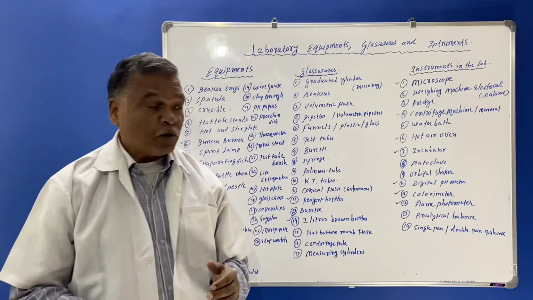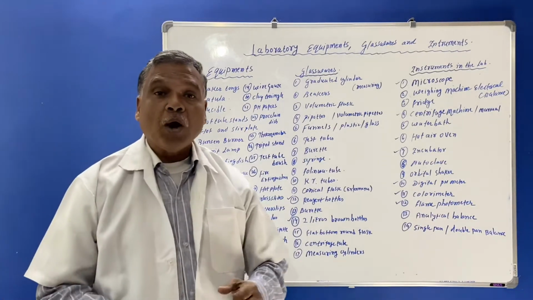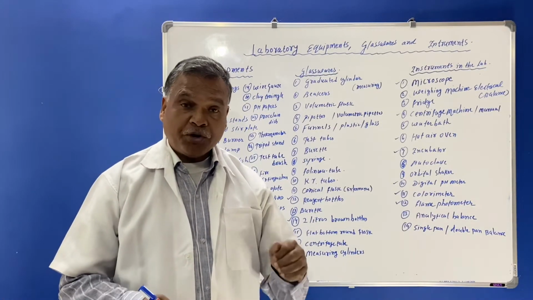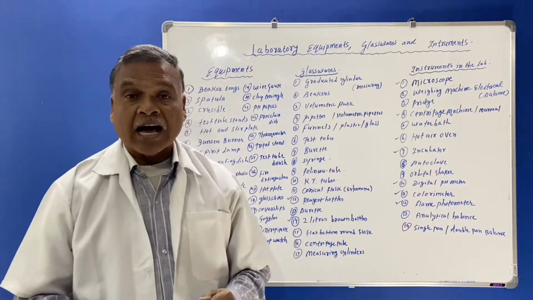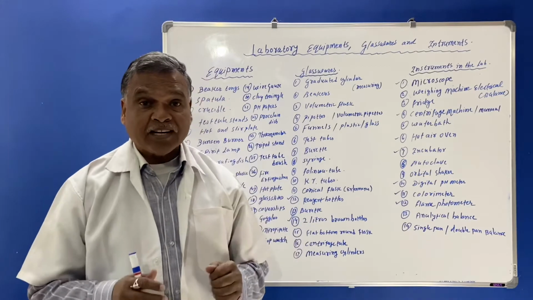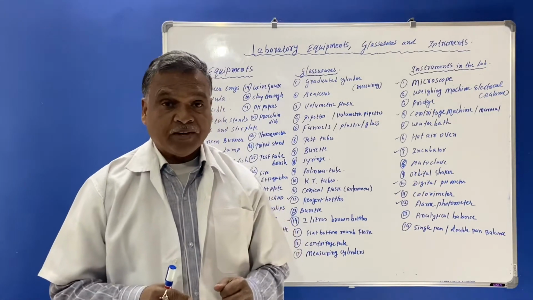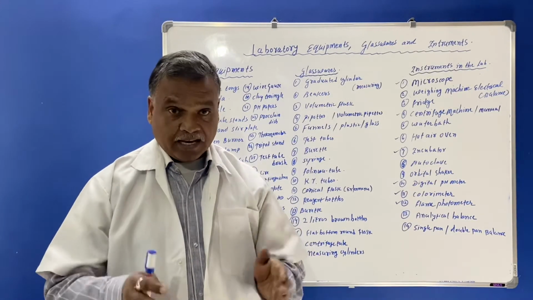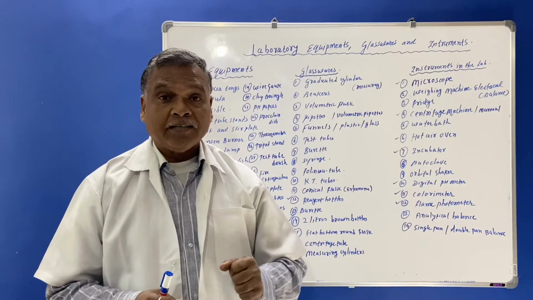Generally, the bigger bottles are of 2 liters, in which the mineral acids are kept. These mineral acids are concentrated sulfuric acid, nitric acid, and concentrated hydrochloric acid.